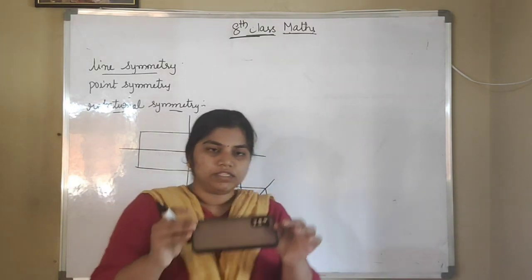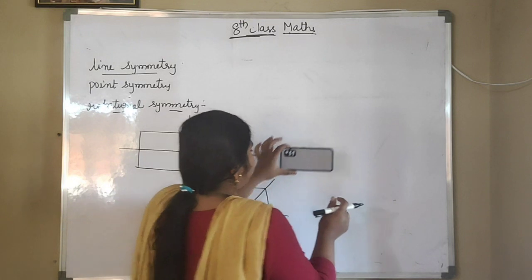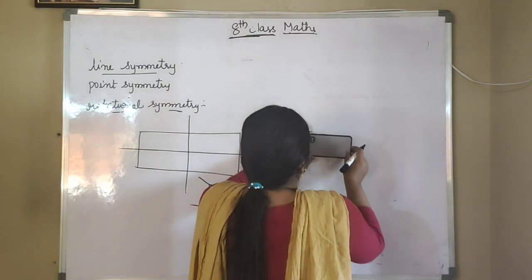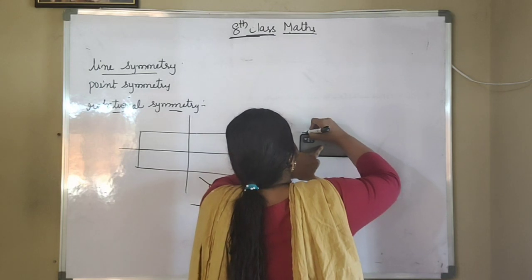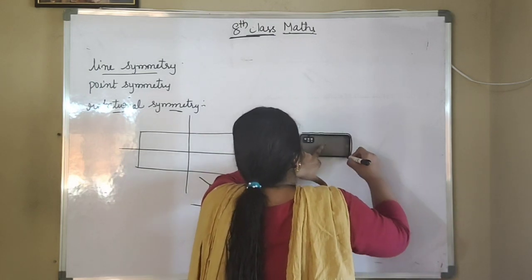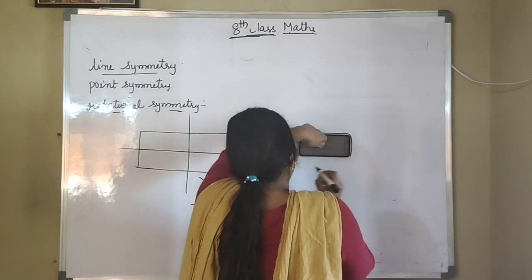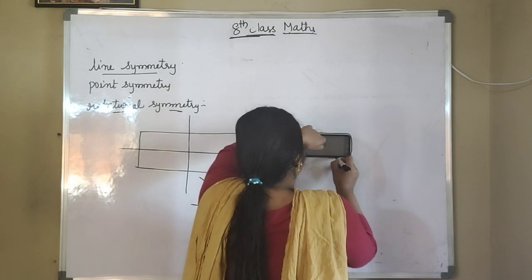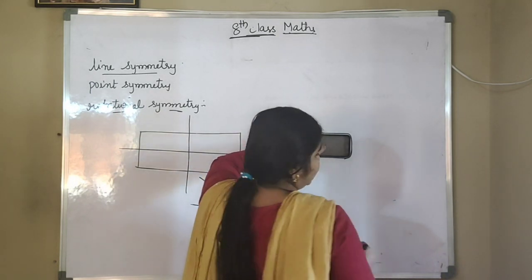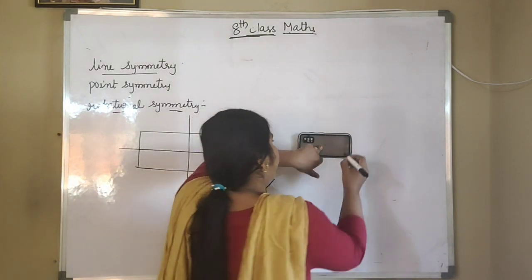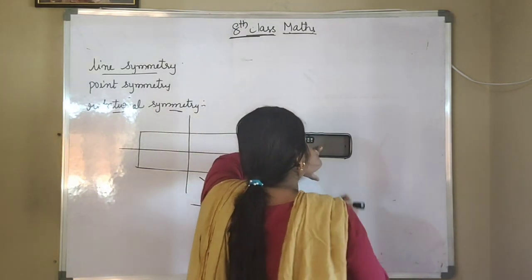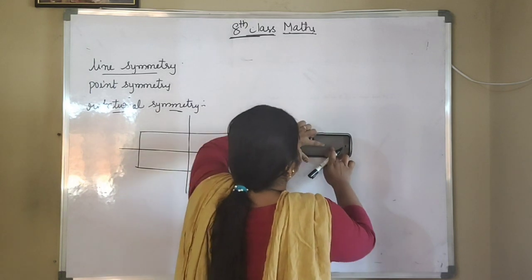So if you take this pouch, what is the center point? This is the center point. So first I have taken the pouch in this order. I want to rotate this pouch through 360 degrees. So I am taking the point here. This is the center of rotation.